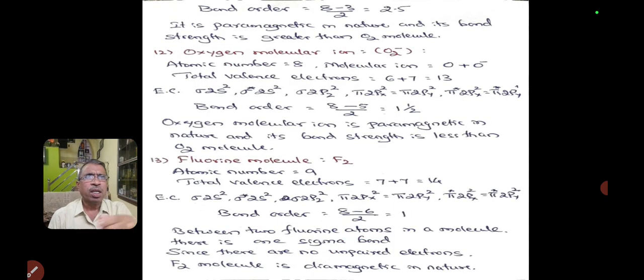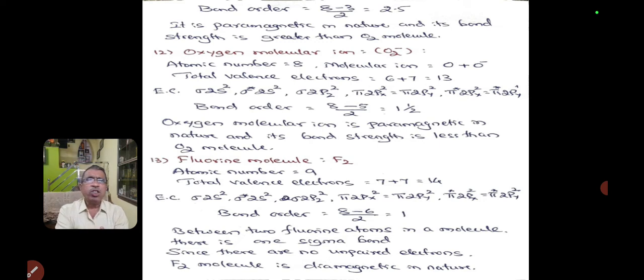So the molecular electronic configuration will be sigma 2s2, sigma star 2s2, sigma 2pz2, pi 2px2 equal to pi 2py2, pi star 2px1. This shows that the bond order here is 2.5. It is also paramagnetic in nature and its bond strength is greater than the oxygen molecule because of the increase in the bond order.